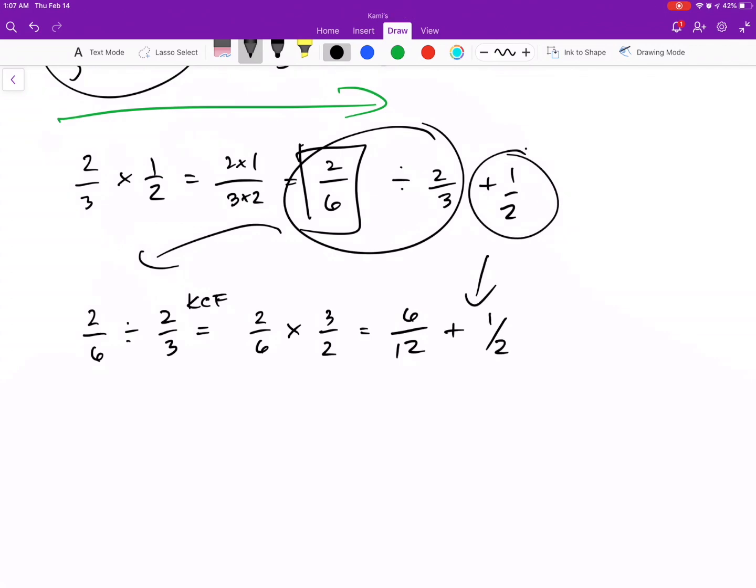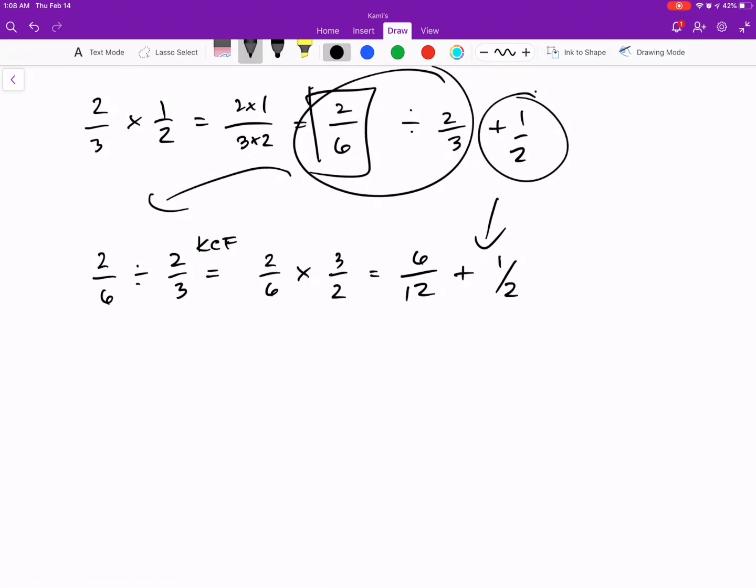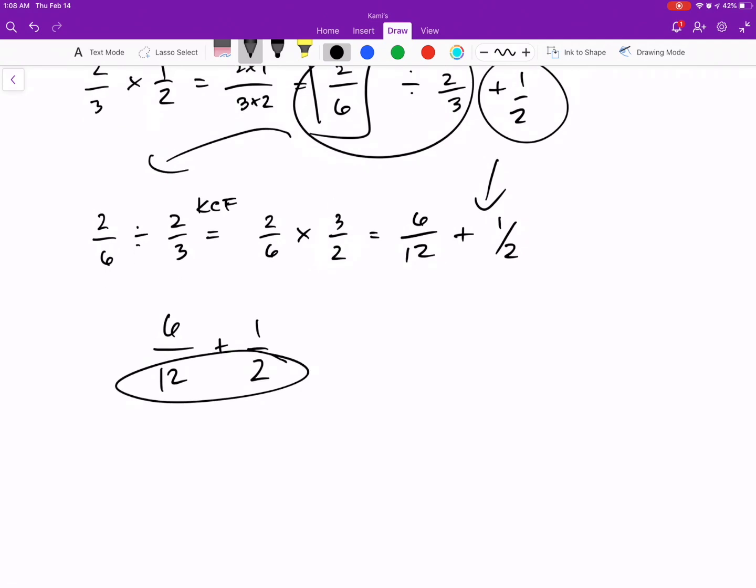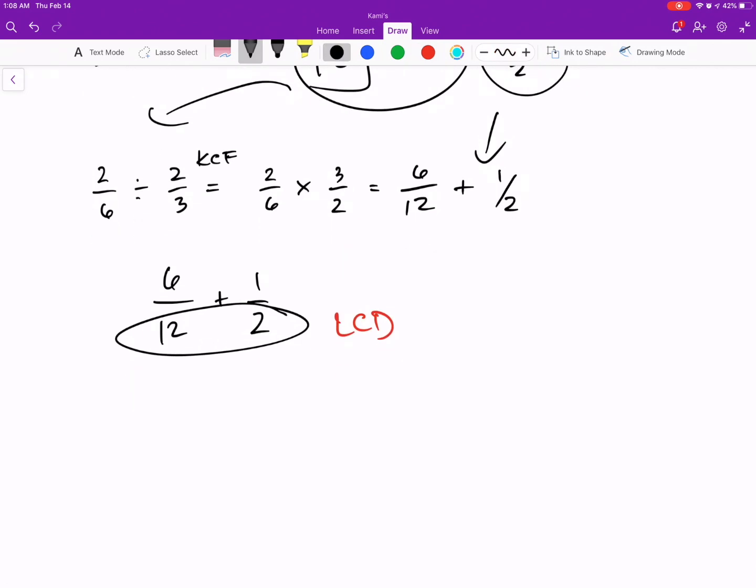We have plus 1/2. Alrighty, so what do we do? 6 over 12 plus 1/2. We need to find the LCD. But we see that 2 and 12, let's see, 2 can become 12 if we multiply by 6.